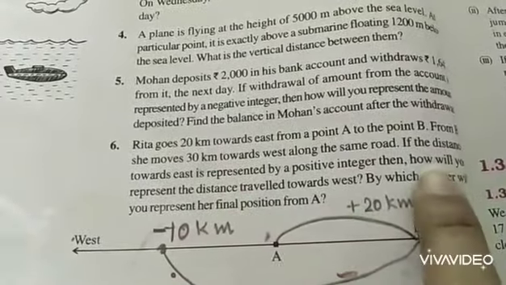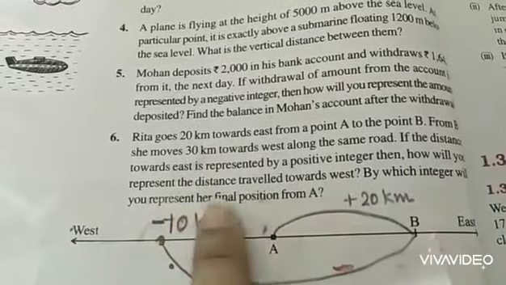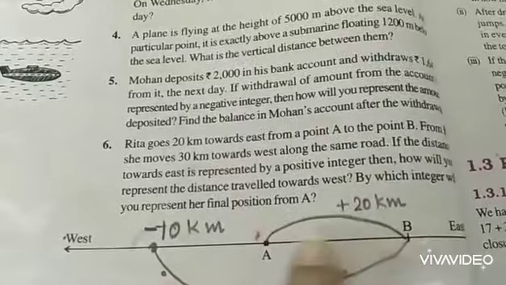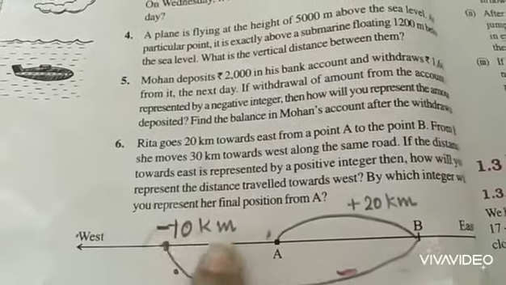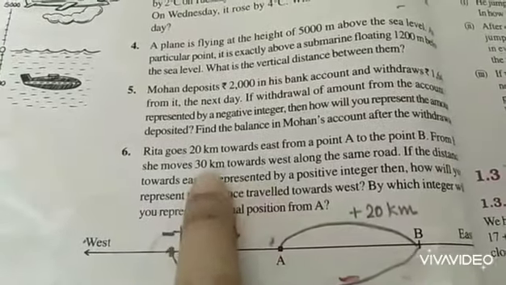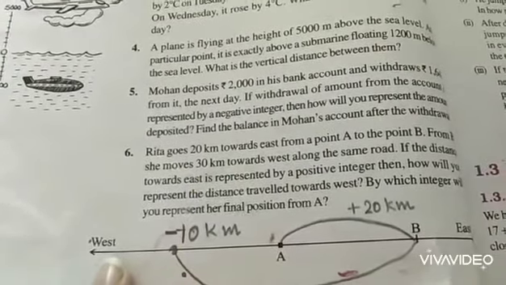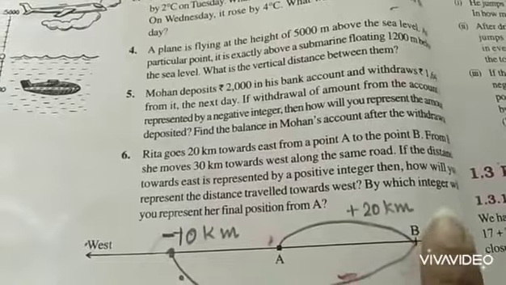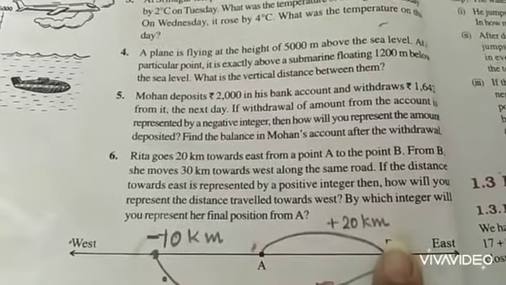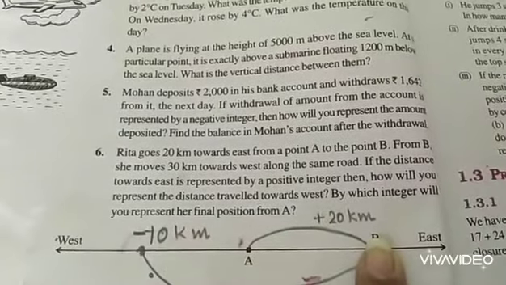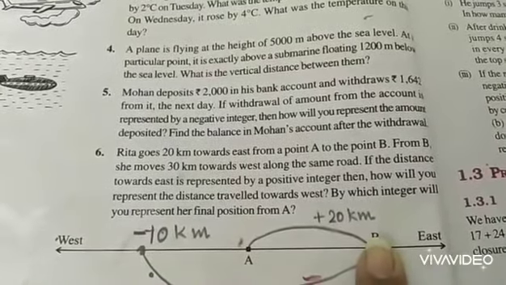And then the question is, how will you represent the distance towards the west? If this one is east, the other side will be the west. So this 30 kilometers towards west will be minus 30 kilometers, right? Then it is written, by which integer will you represent her final position from A?